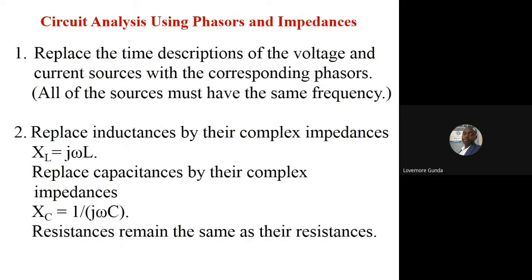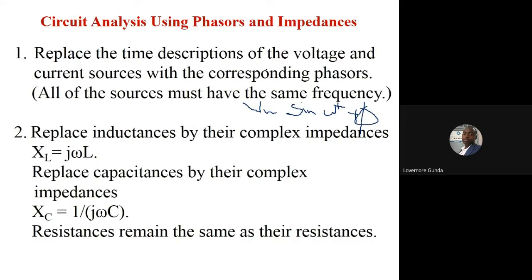So how do we deal with the analysis of circuits using these phasors and impedances? Let's say you are given an equation of the voltage or the current. Remember, we said it can be Vm sine omega t plus maybe some angle phi.